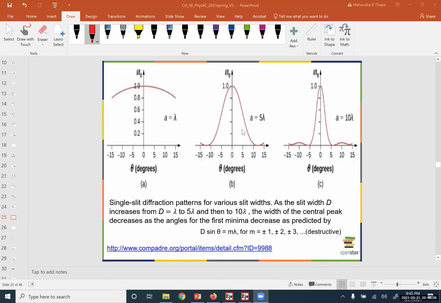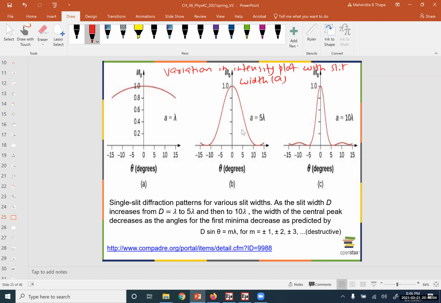So this plot 3 shows the variation in intensity plot with slit width, say A. You can see that if the slit width is going bigger and bigger, we get a sharper peak.